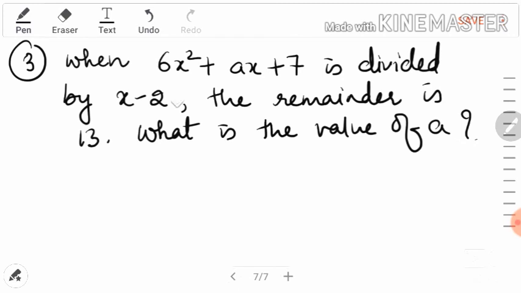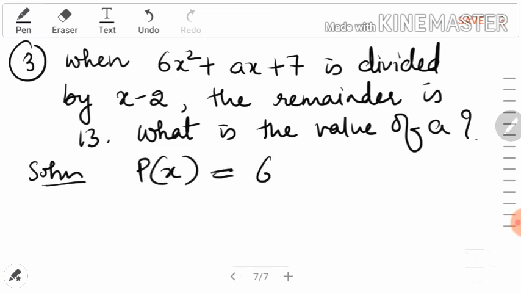We can have different types of application questions based on remainder theorem. Question 3 is one such question. Let us try. When 6x square plus ax plus 7 is divided by x minus 2, the remainder is 13. What is the value of a? Let's write down what is given in the question.